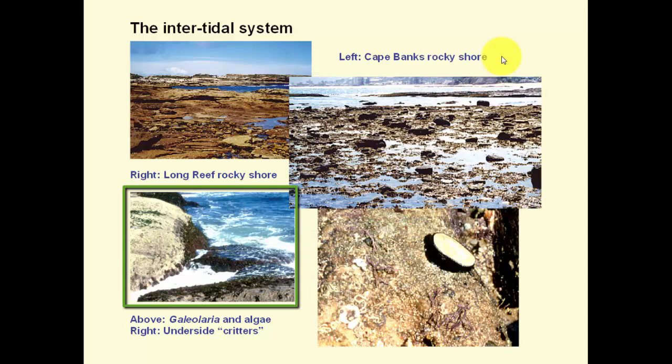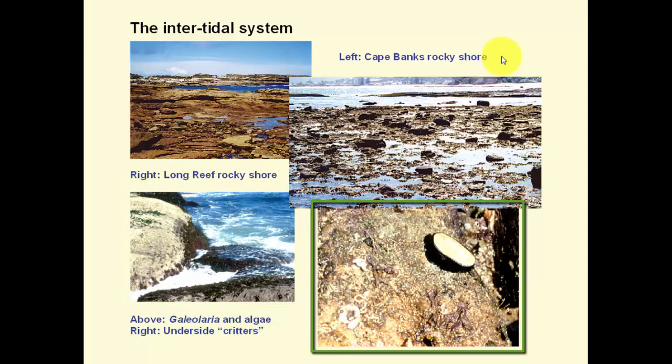Down to the bottom left, the green stuff there, you can see some seaweed on the rocks, and the green stuff that you see on the side is ulva. We commonly called it sea lettuce because it looks a lot like lettuce. And then finally, bottom right, you can see some of the animals that typically lived on the underside of the boulder.